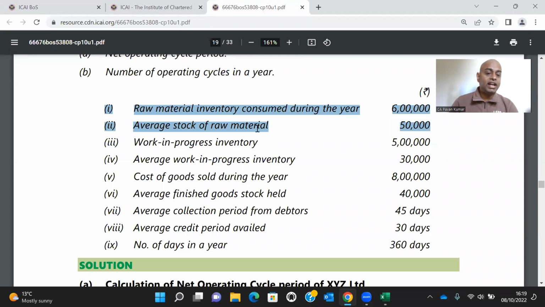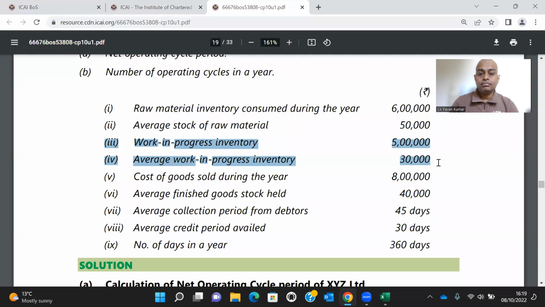Very good. So read the next two lines. Work in progress inventory 5 lakhs.